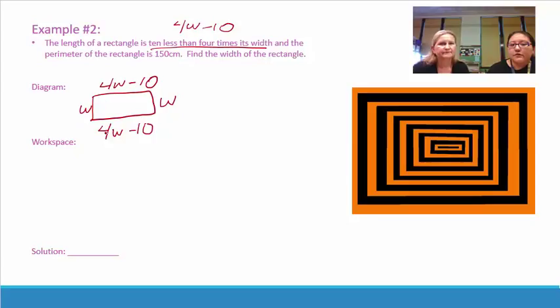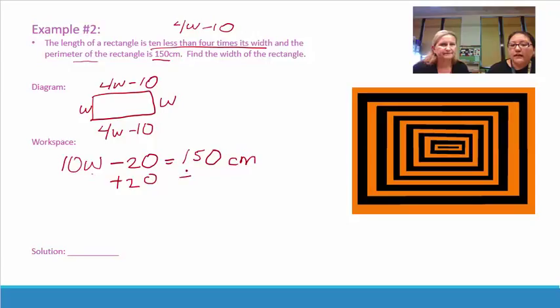So we have 4, 8, 9, 10W. And then we have minus 10 twice, which would be negative 20. And we already have that the perimeter of the rectangle is 150 centimeters. So now we want to find a solution for W. We add 20 to both sides.